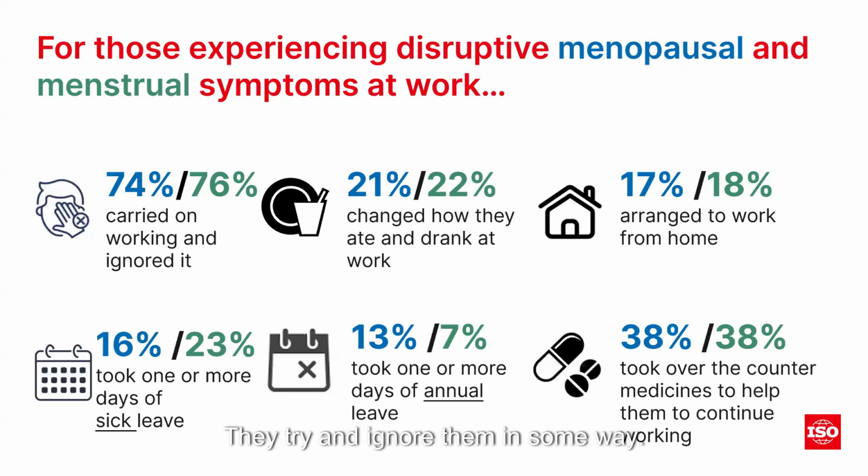They try and ignore them. Now, I'm sure everyone on the call or who's listening to this has had some kind of health experience. And usually, whatever that health experience or condition is, if you try and repress it, it's not going to solve it, and it might actually exacerbate it in some way, because by ignoring it, you're not actually treating it or giving it the attention it needs.